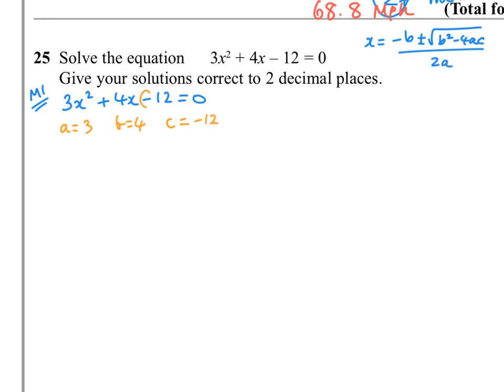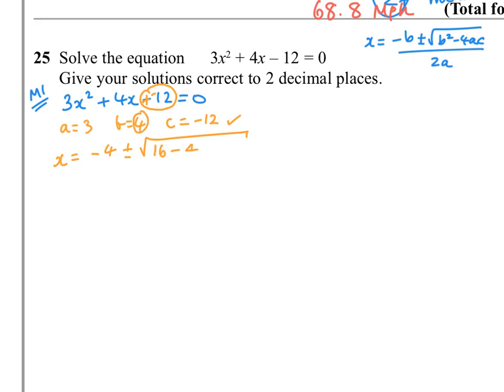I guess that is there to try and trick you in some ways. Just think of it as being plus minus 12, and then you'll get this bit correct. And then we just plug it into the formula. So we'd have x is -4 plus or minus the square root of b squared. Anything squared is positive.